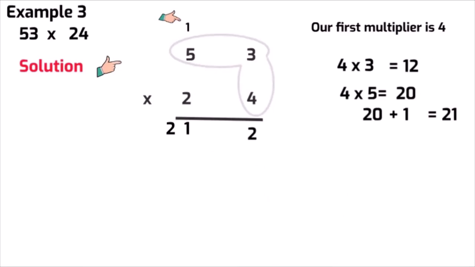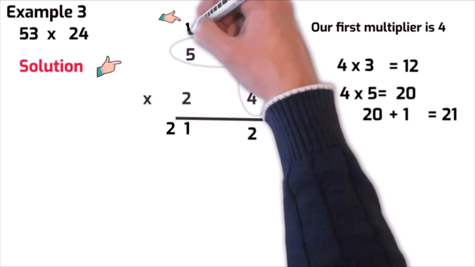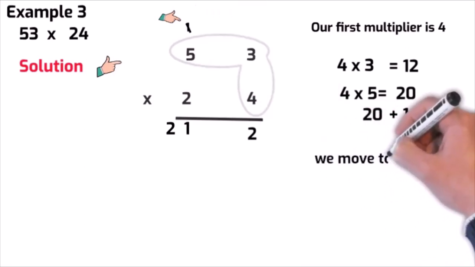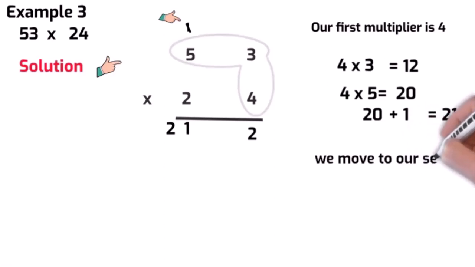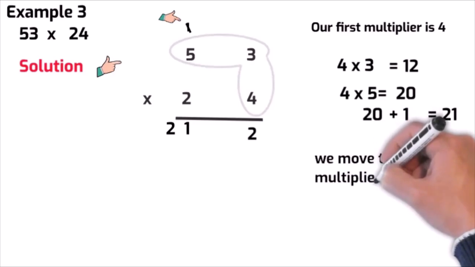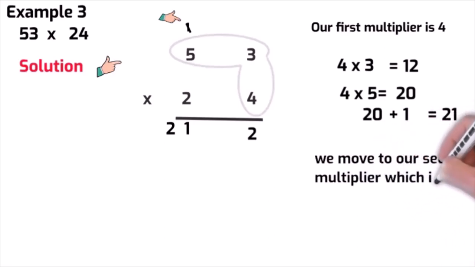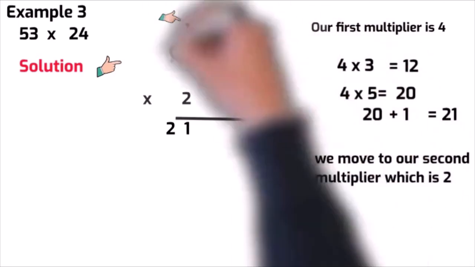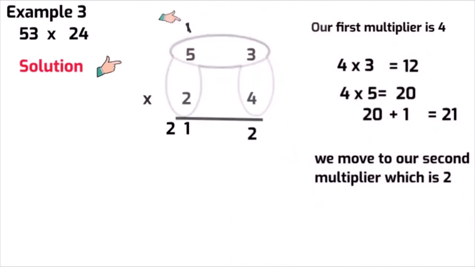We are through with the first multiplier. The next thing to do is to cancel this one. We don't need it anymore. Now we move to our second multiplier, which is 2. 2 is going to multiply 3 and then 5.